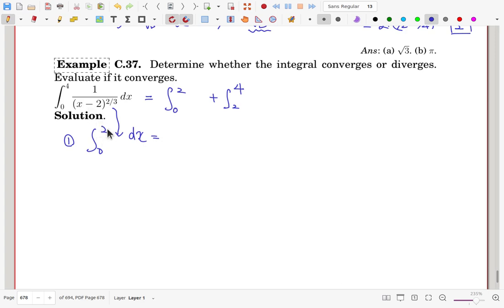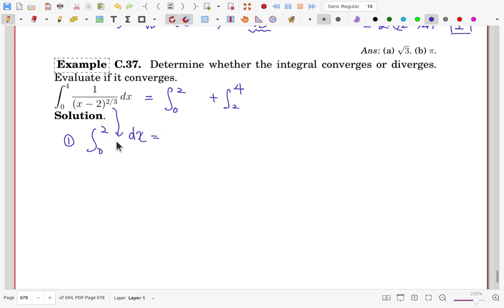Once x is approaching 2, it goes to infinity, but we are using 2 rather than a limit and c, because writing it exactly takes a little time. But you have to understand that this is the same as the limit as c approaches 2, and that is c.